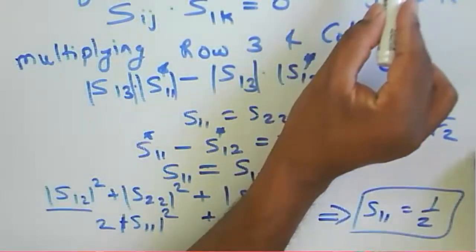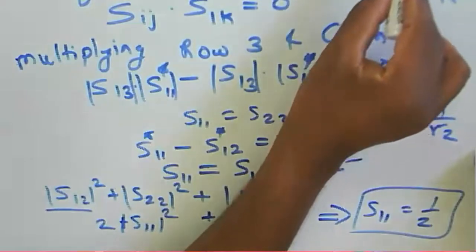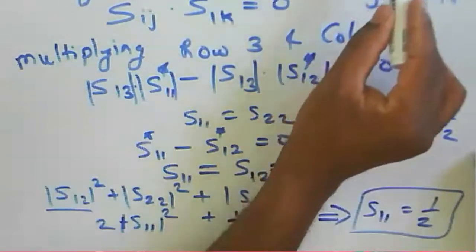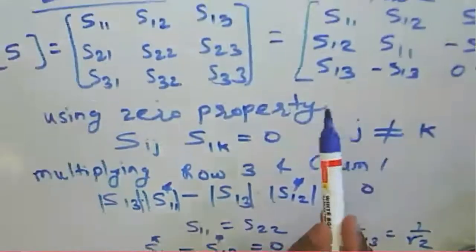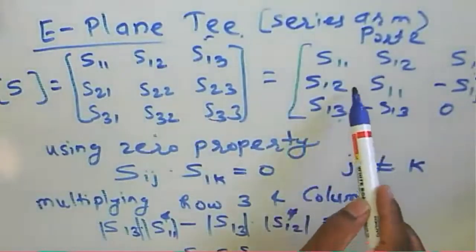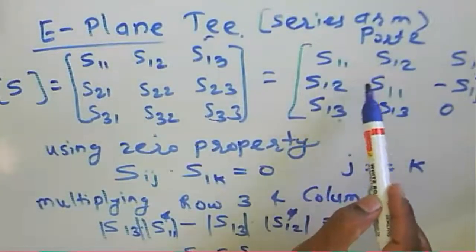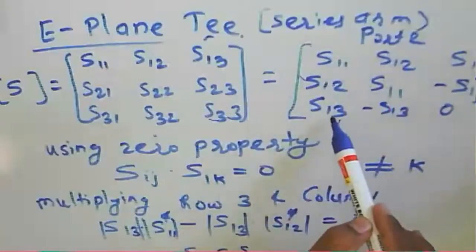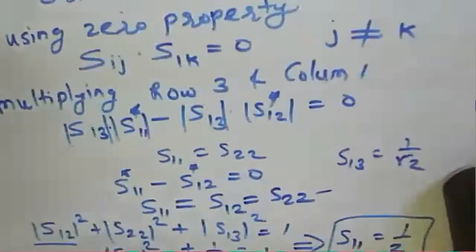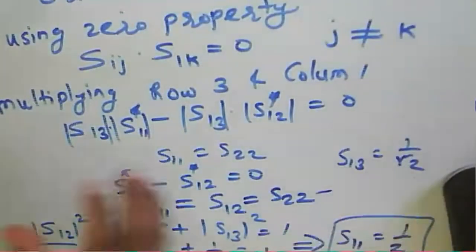S11 is equal to S12, we say, so this will be 1 by 2, and this will be 1 by 2. S11 is 1 by 2, S12 is 1 by 2 here. These factors we got, and S13 is nothing but 1 by root 2.